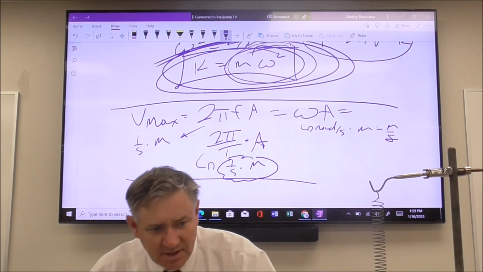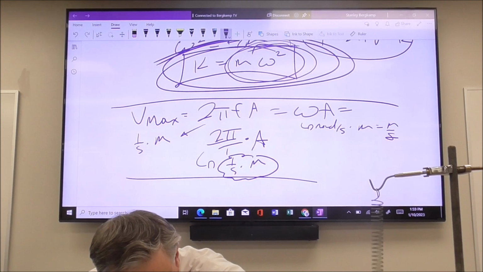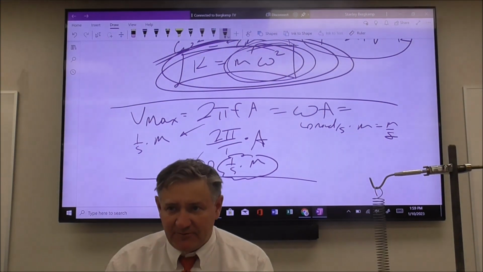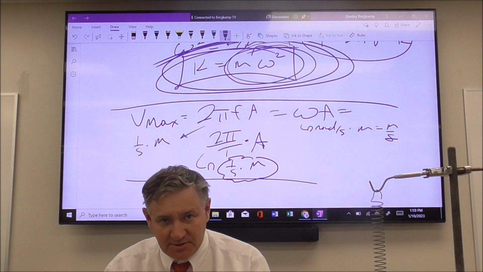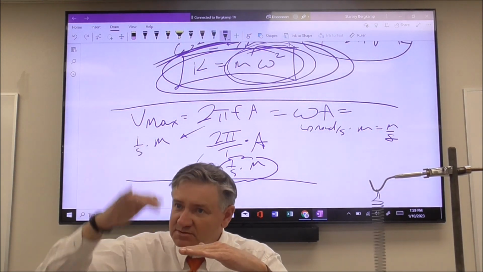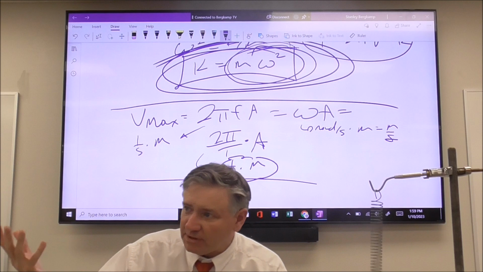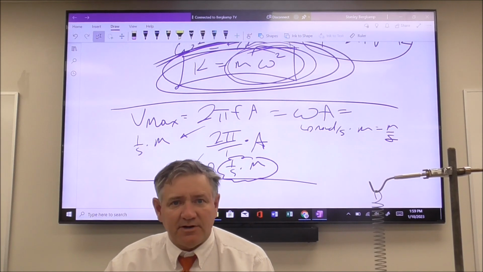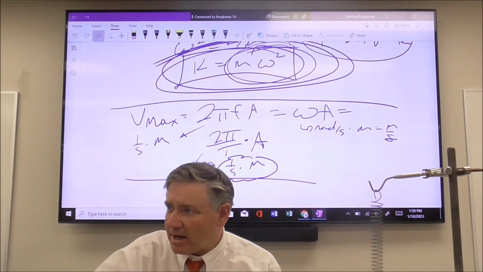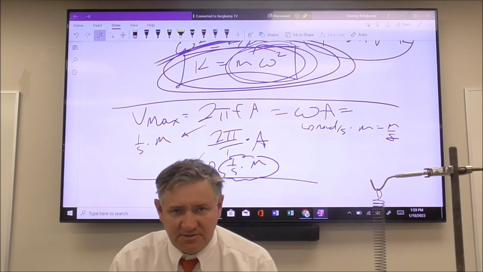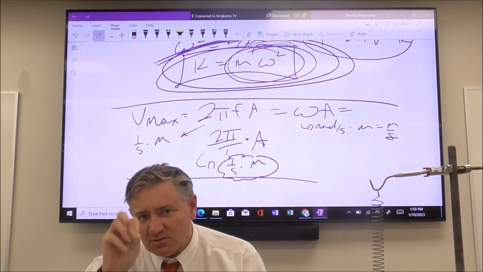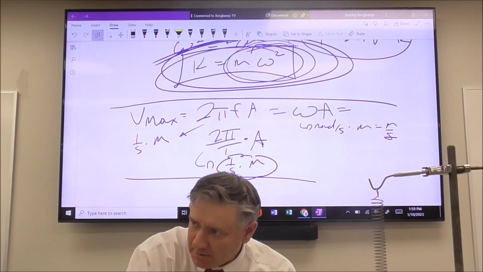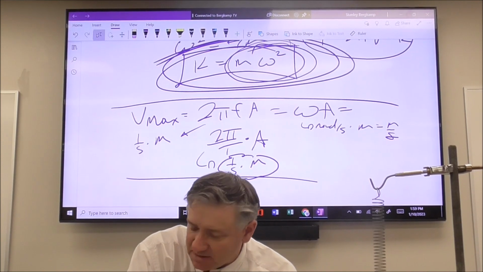As that thing oscillates back and forth, what would be simple to measure is the amplitude. Measure how far it moves off that equilibrium position. There you go. Measure the period. How long does it take to oscillate back and forth? Boom, there's your Vmax. So that's physically the easiest way to measure your maximum velocity on an oscillating spring.